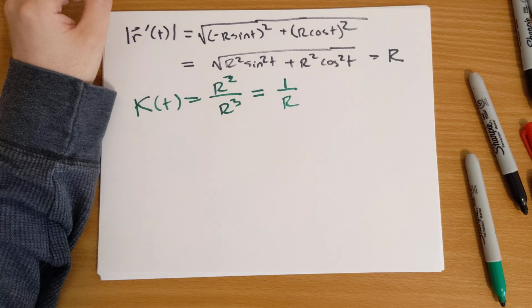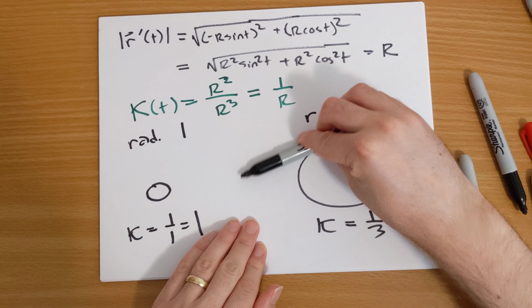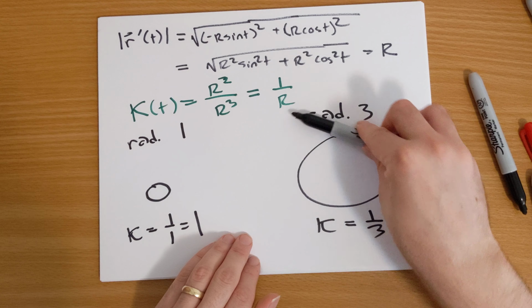The kappa here, the curvature, is 1/3. And I think we can agree that you are changing direction a lot more in the circle of radius 1 than you are in the circle of radius 3. You're changing direction a lot more gently. So this kind of checks out.